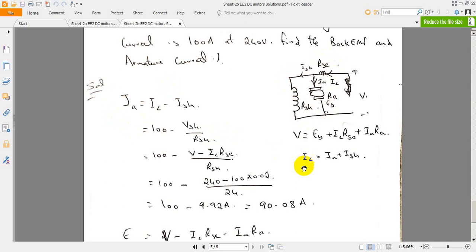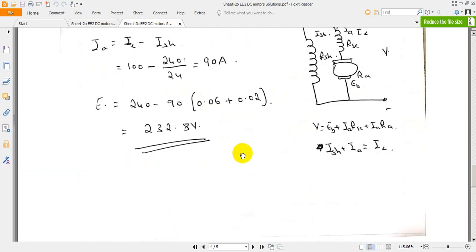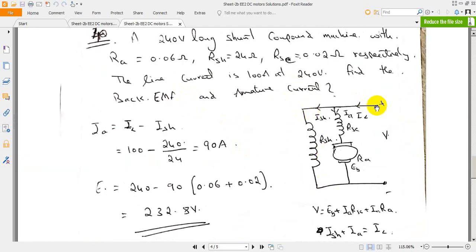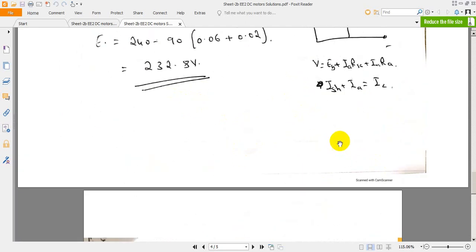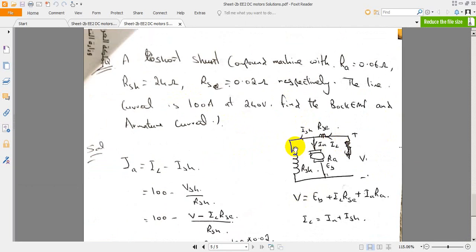The first parameter that we need to calculate is ISH, the shunt field current. ISH is VSH by RSH. What is VSH here? Previously VSH was equal to the supply voltage, whereas now VSH is equal to V minus this drop.